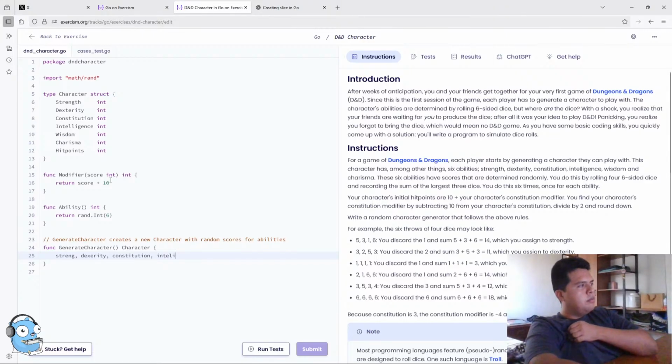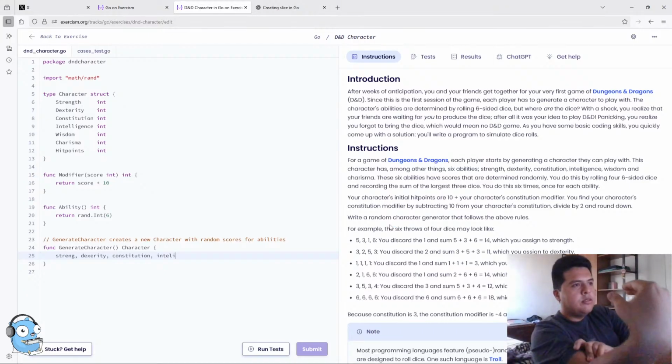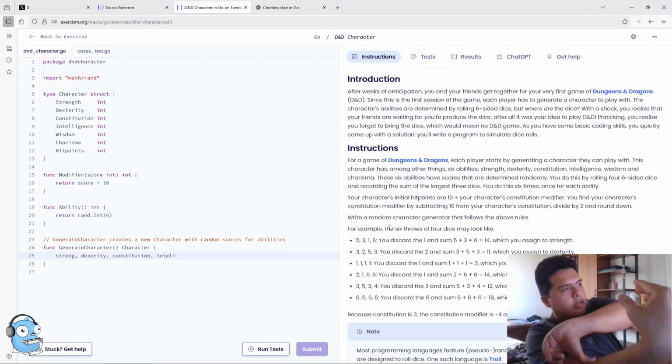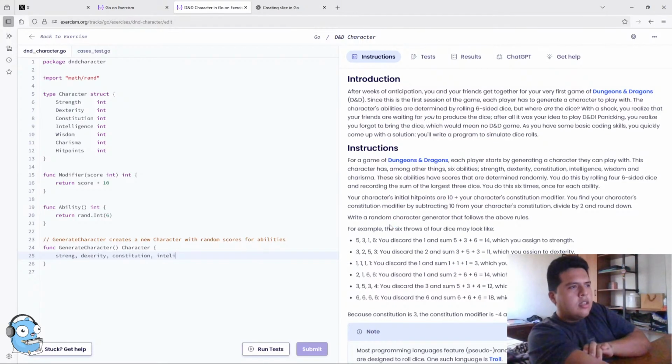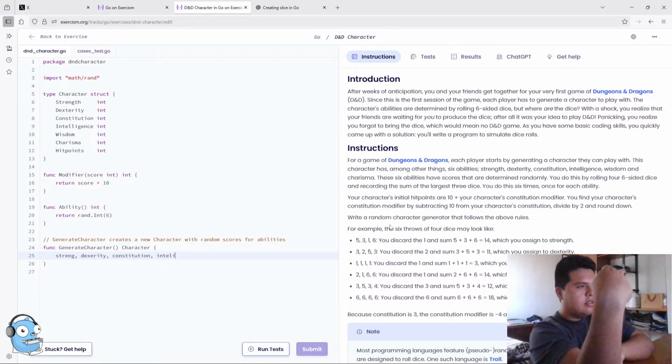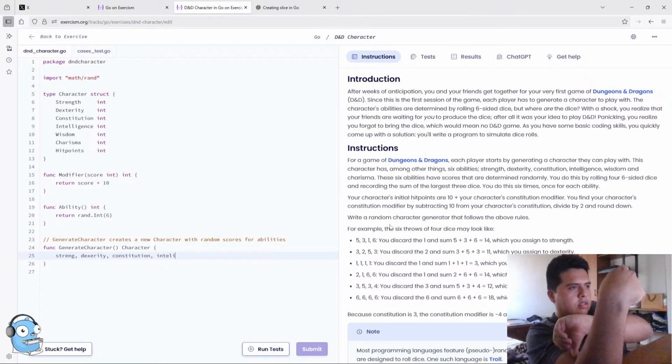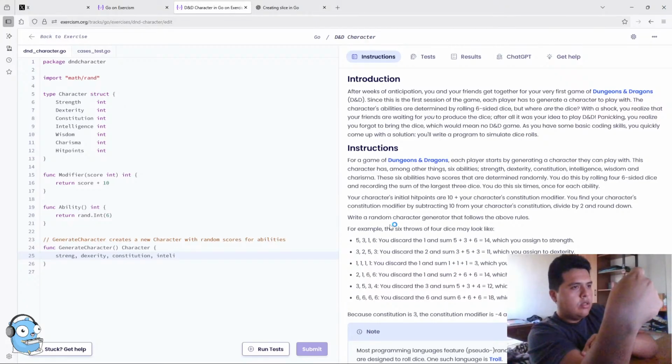Okay, you find the character constitution modifier by subtracting 10 from your character's constitution, divided by 2, and round down.